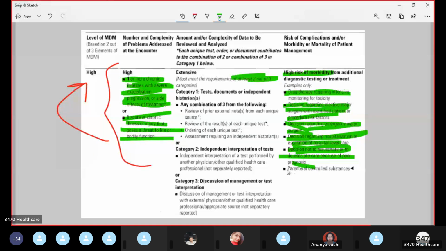Then parenteral controlled substance. So the drug dosage is limited by the government. You can't take more than the limit, right? Only what they are permitting can be used. That is the parenteral controlled drugs. Parenteral controlled drugs given through IV or IM, your risk will be high. So you have the PCD list with you.